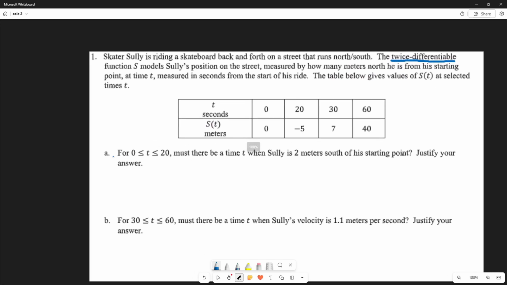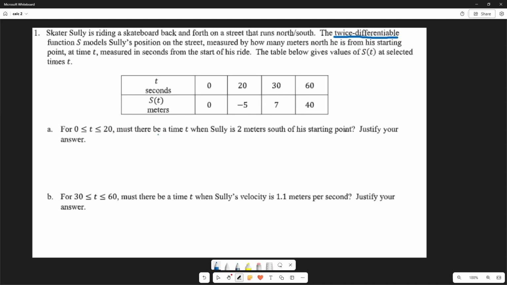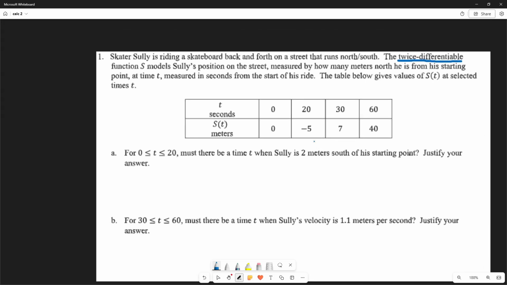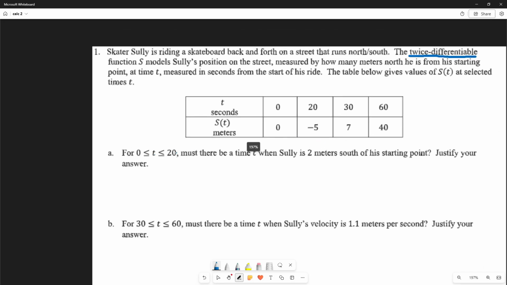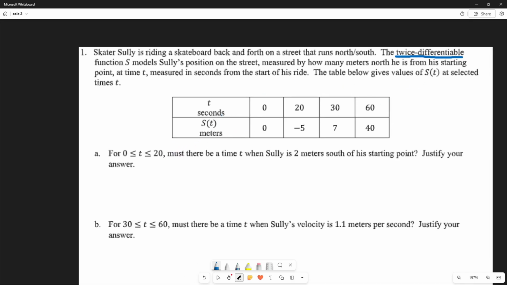Part A asks, on the interval from 0 to 20, must there be a time t when Sully is 2 meters south of his starting point? Justify your answer. This one, part A, is all about the intermediate value theorem, because our function is a position function, and we'll go over how part B has to do with the mean value theorem.